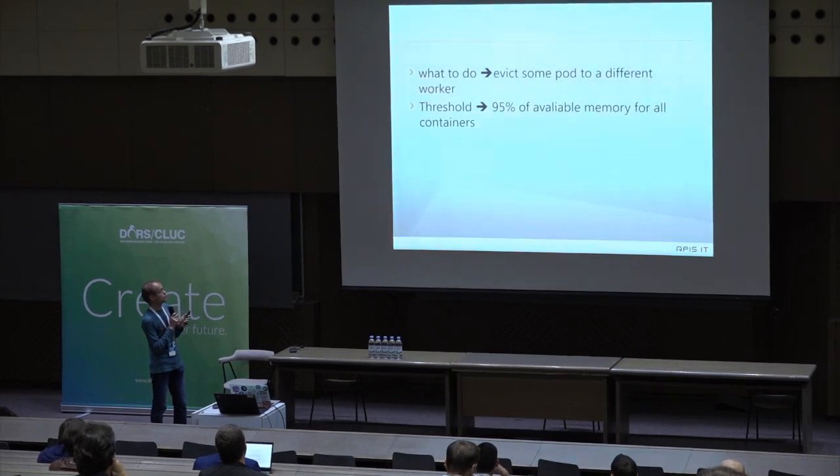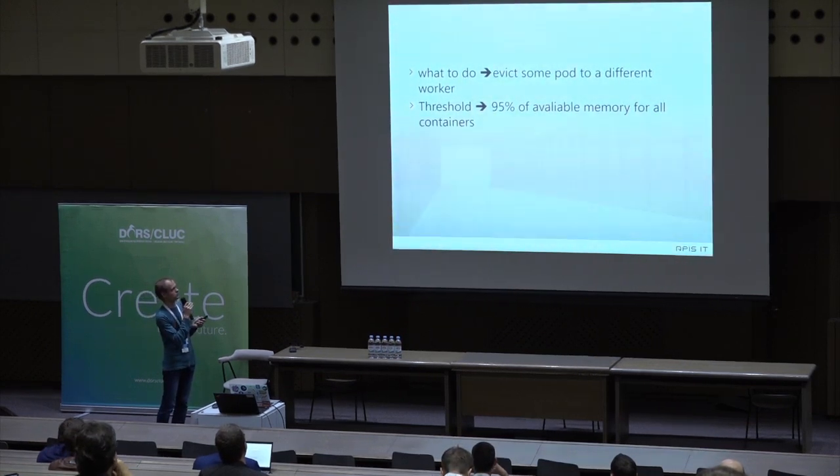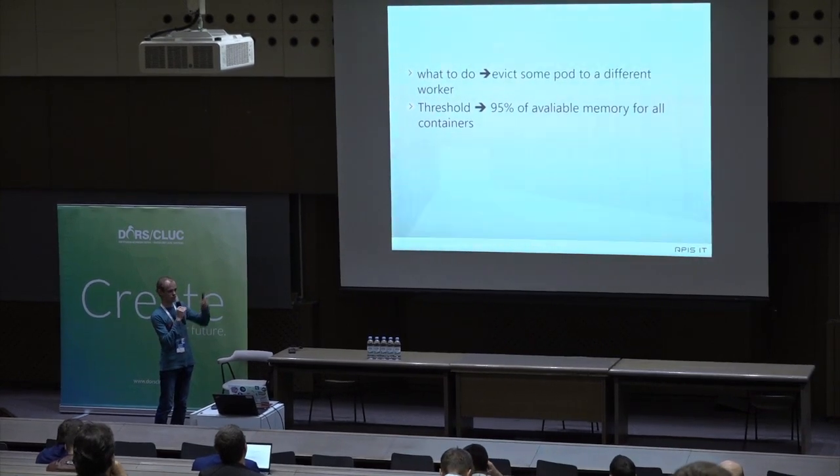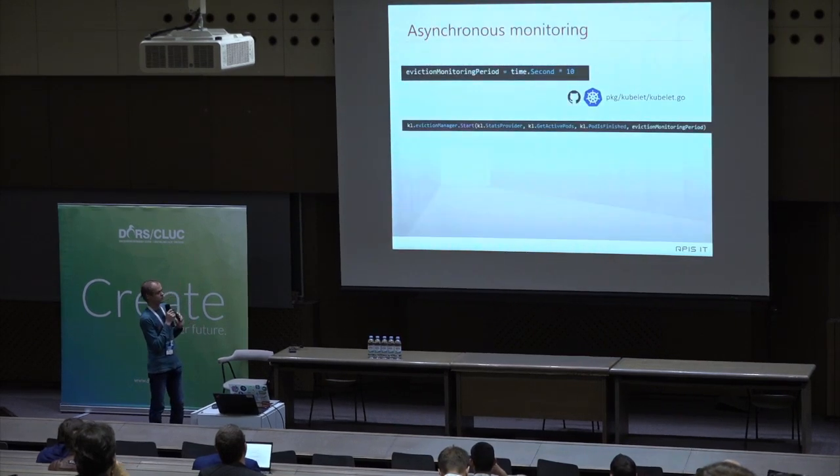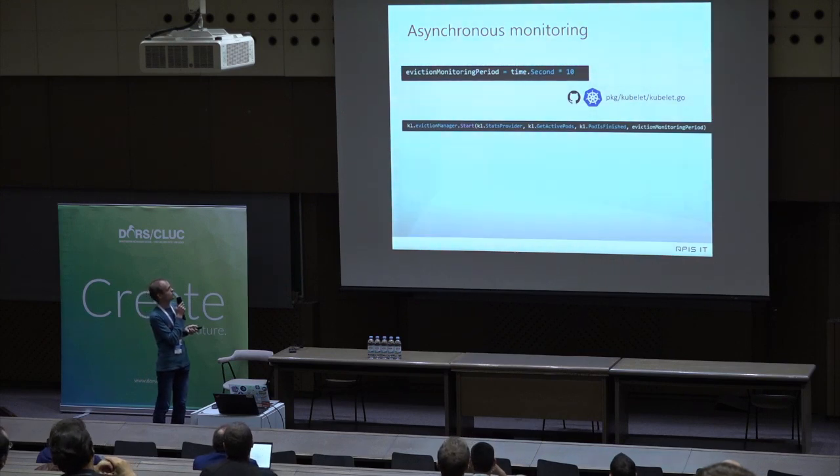But how? We have to evict some pod that is causing trouble. For example, we can specify that we will allow all pods to use 95% of all available memory. Kubernetes actually has that, if you specify that eviction in the kubelet config, but it has an eviction monitoring period of 10 seconds.